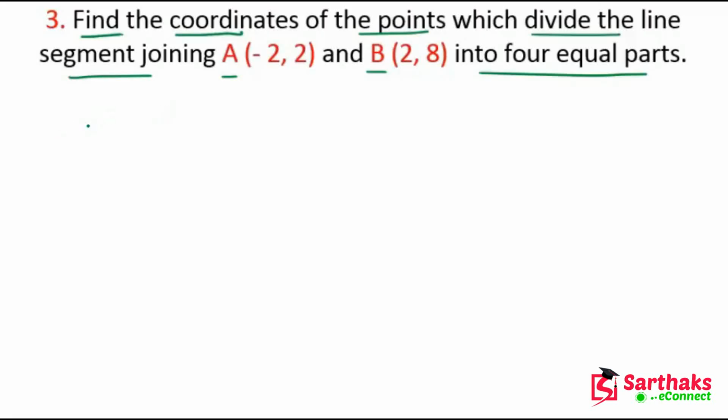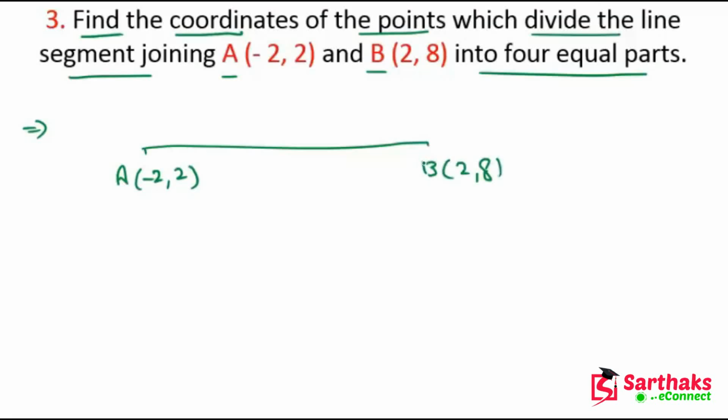Now, my dear friends, first of all, let's suppose we have a line like this. This is A, which is minus 2 comma 2, and this is B, which is 2 comma 8. According to this question, this line is divided into 4 equal parts.